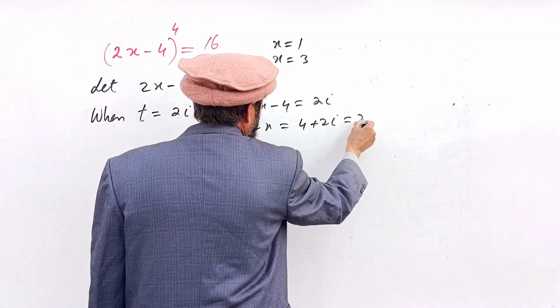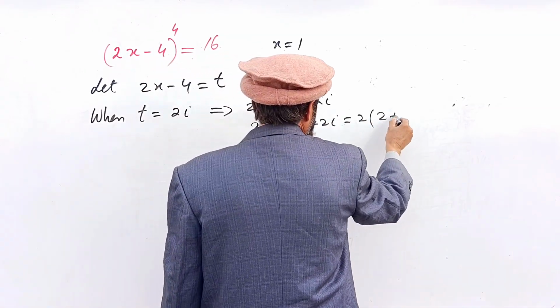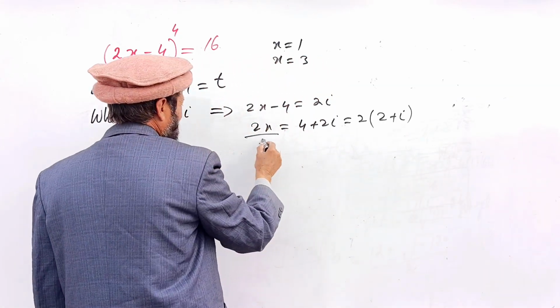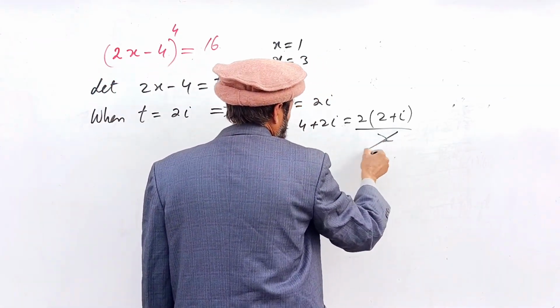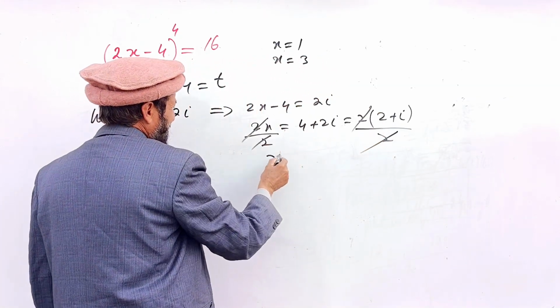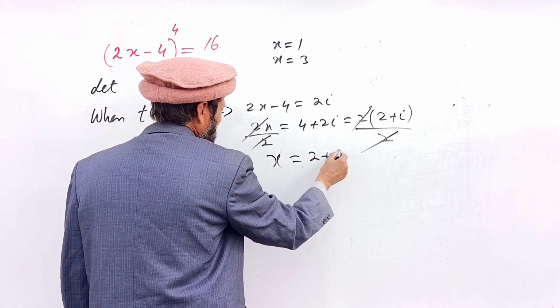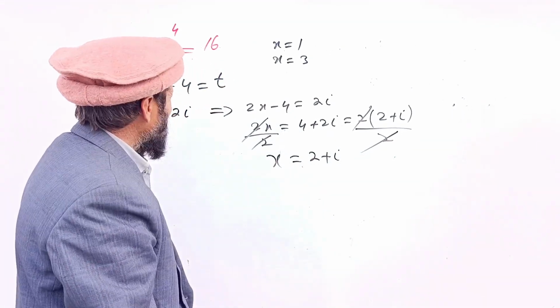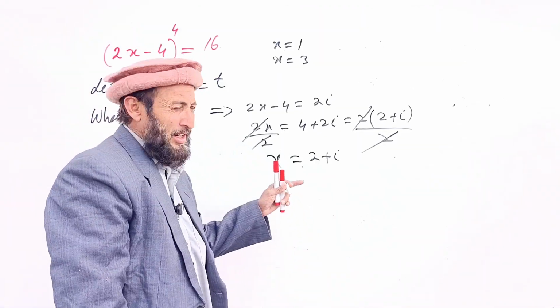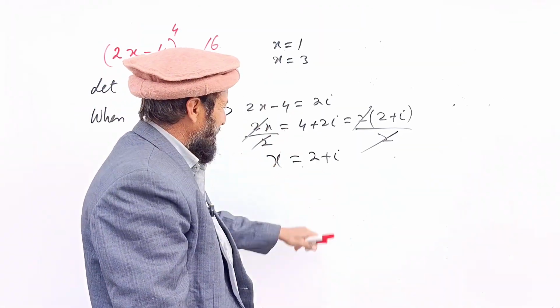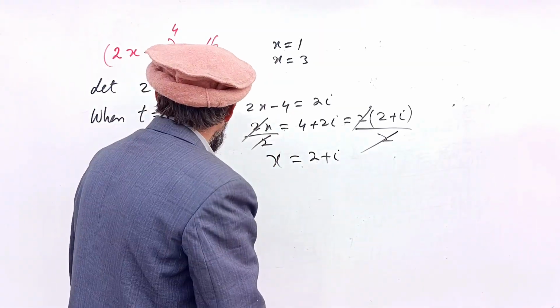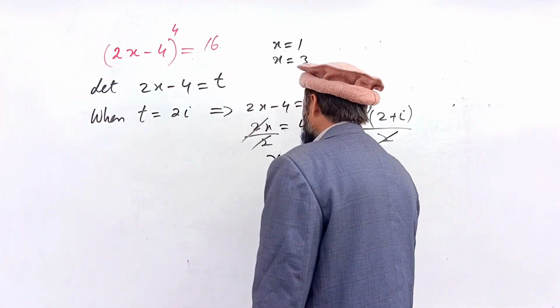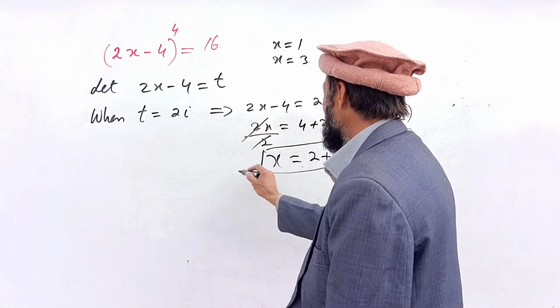Now we take 2 common, (2 plus iota), and divide both sides by 2. x is equal to 2 plus iota, which is in complex form. But we need a real number solution, and this does not give the exact result, so this situation does not exist.